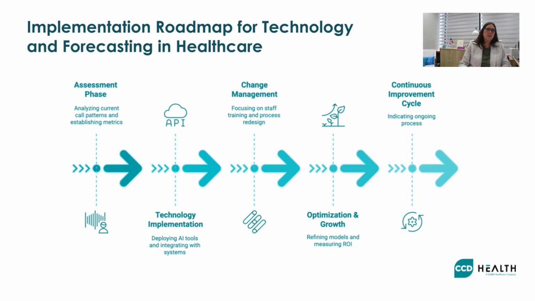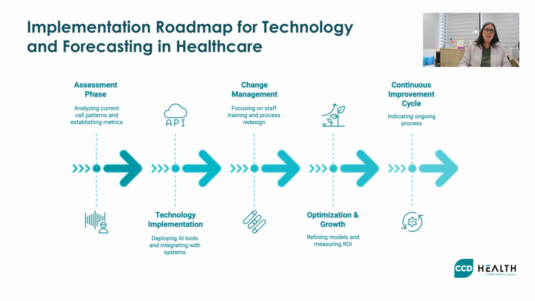Here, you're going to review and analyze the different phases required for the implementation. The second step is deployment of technologies: deploying artificial intelligence tools and integrating them with existing systems such as your EHRs and scheduling grids. Using APIs or other integration components could be part of the analysis phase.